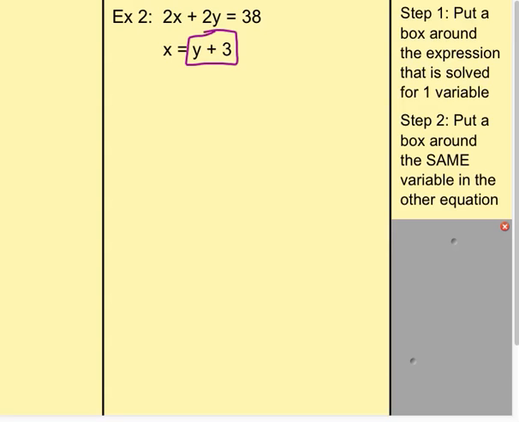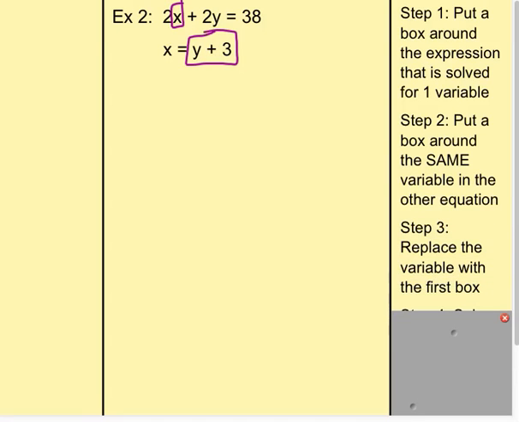I've got x, so I'm replacing x in my first equation. And then we do our substitution. So I'm going to rewrite this equation as 2 times the quantity y plus 3. So I'm substituting, or replacing, x with an expression that it is equal to.